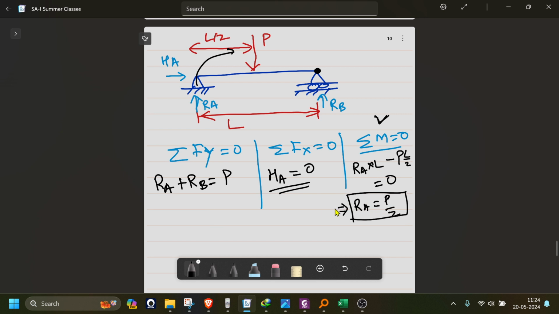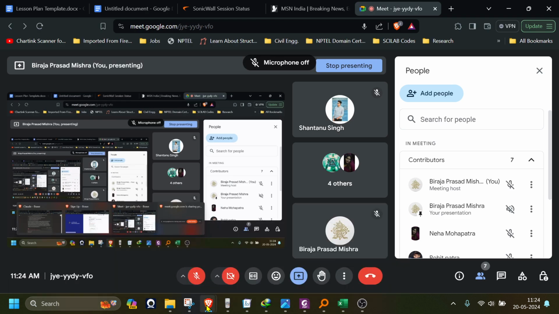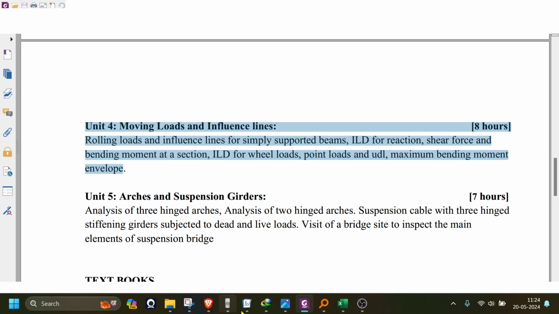If RA is P by 2, then RB equals P minus P by 2, that is again P by 2. I hope it is clear to all of you.